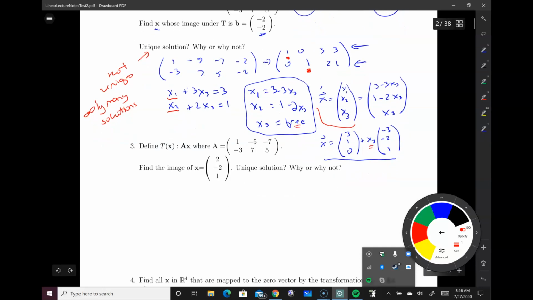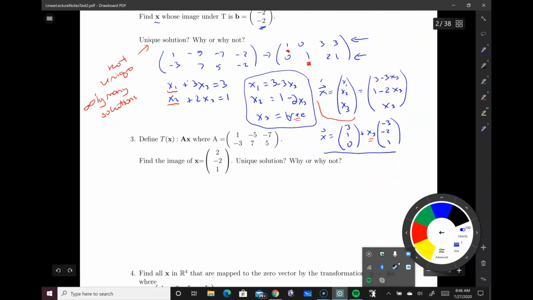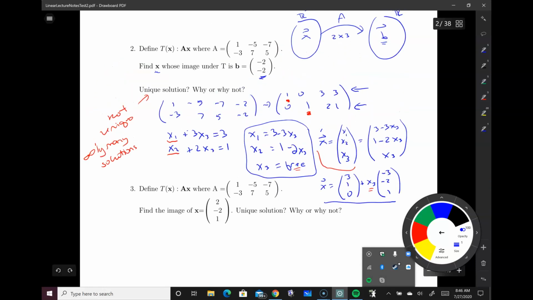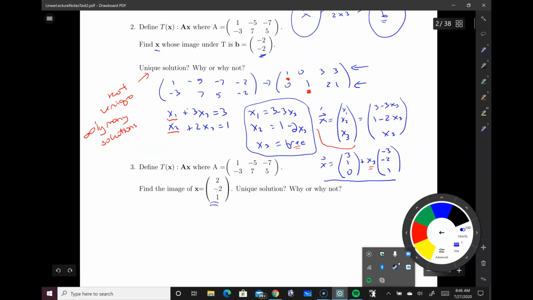All right, moving on. So here I have a 2 by 3 matrix. I think it's the same one. Yes, it is. And here I'm giving you the x. So again, I'm drawing pictures so that you keep in mind what you're doing. I'm coming from the domain, and x is in the domain, right? So here's x.